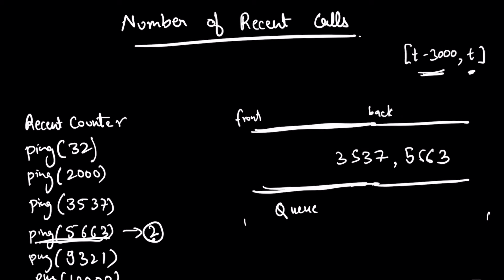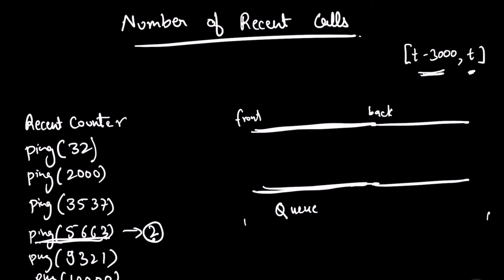So for 9321, we look at the front of the queue and we see that it's actually 3537, right? And 3537 obviously happens before 9321 minus 3000. So we pop it off, right? And then we look at the new front of the queue, which is 5663. 5663 in fact also happens before 9321 minus 3000. So we pop this off too. And now our queue has become empty, right?